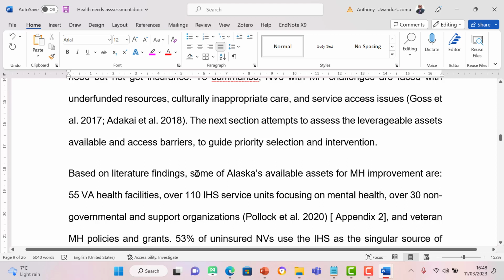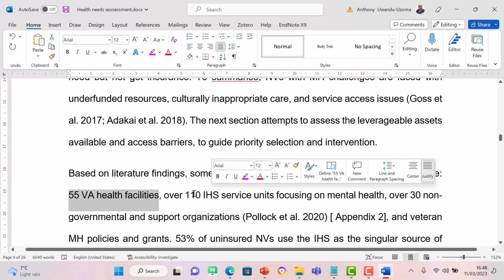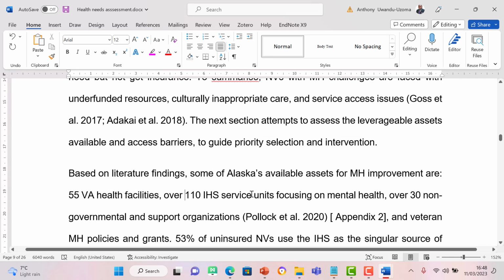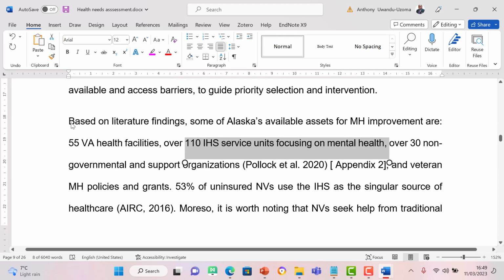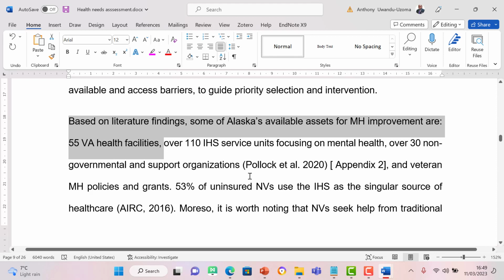So based on literature findings, some Alaska natives, that's the people, some of the populations they have about 55 health facilities. Are you seeing that? They have 11 Indian health service units focusing on mental health. So those are the assets. So you need to identify the assets of your study population, and NGOs here.